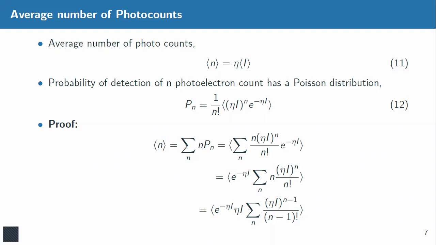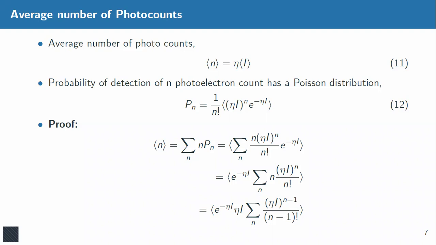So we can prove that the average number of photo counts follows this kind of distribution by using the usual definition of the averages, as it is the product of the probability distribution and the number of photo counts. And we can make use of some mathematical identities here.